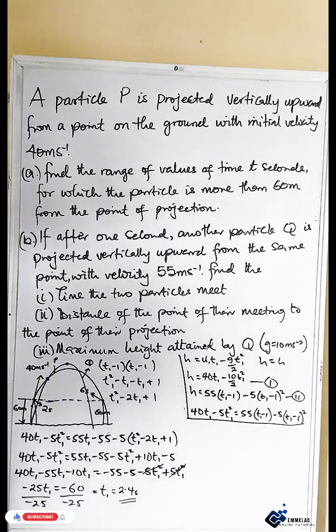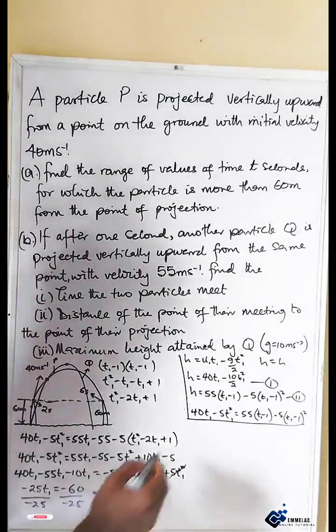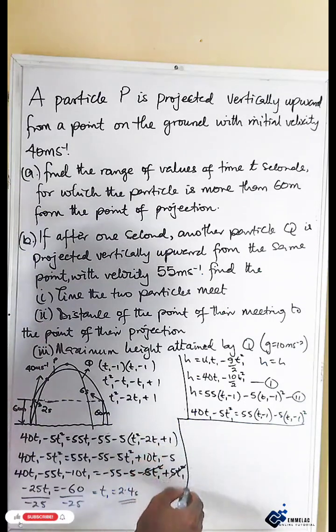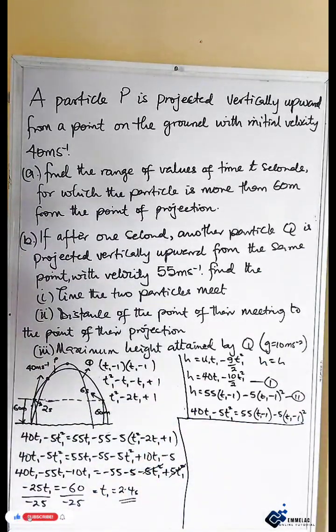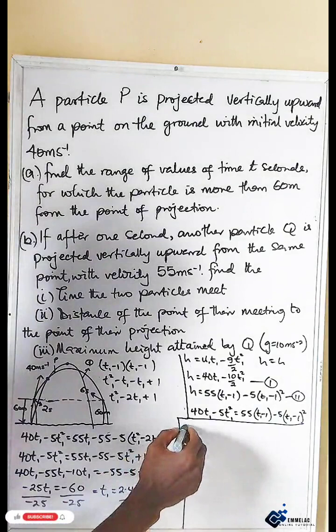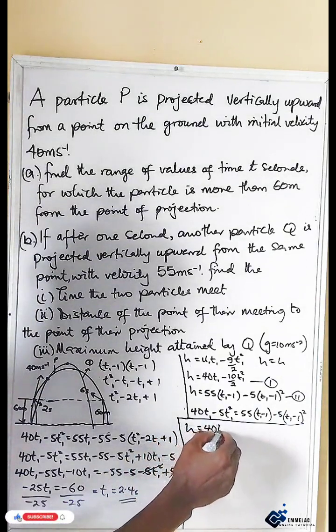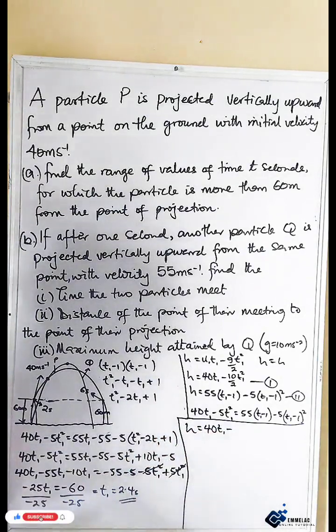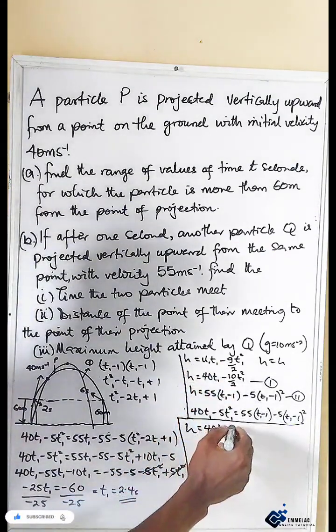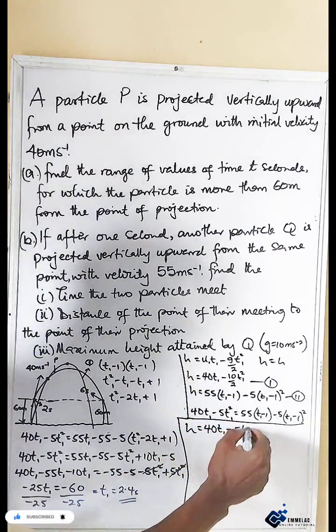All right, now let us calculate the distance of the point of their meeting. Can we quickly do that here? Still making use of the equation we've been using, that is for B2, we have that h equals 40 t1 then minus 5 t squared 1.